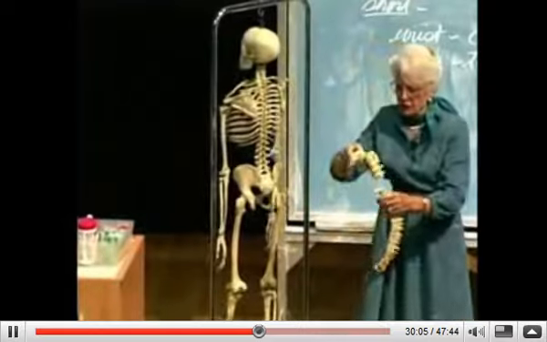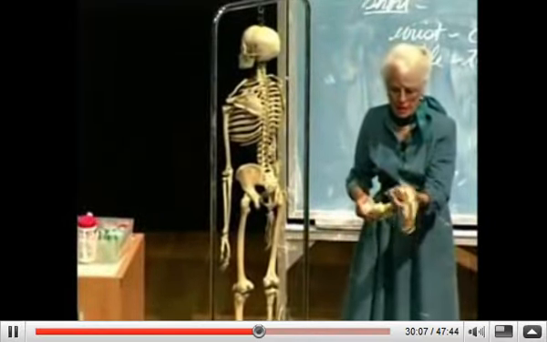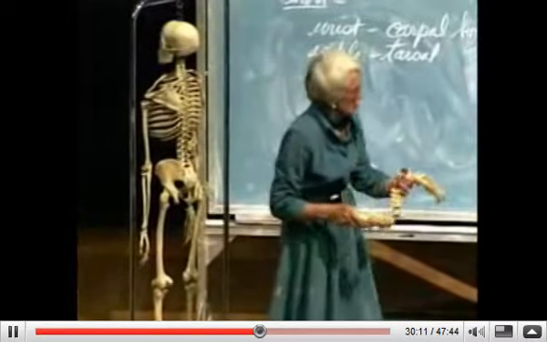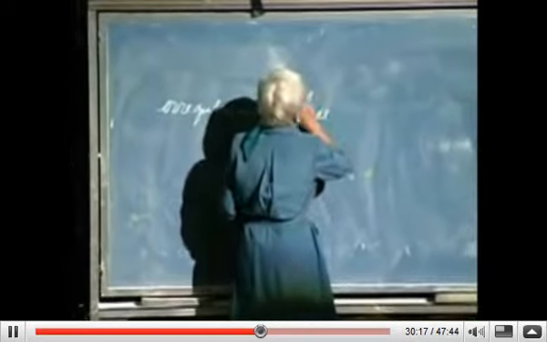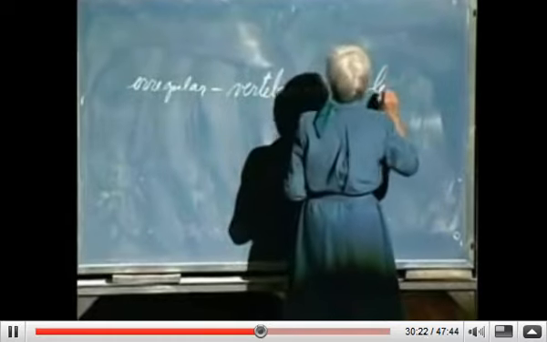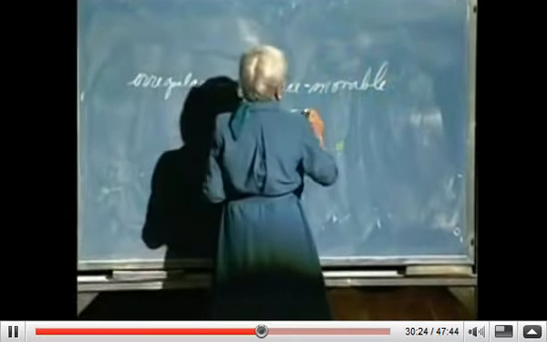Here we have what we call movable vertebra, right? Every time you bend over. So we have vertebra, which are movable. And we have vertebrae which are immovable.